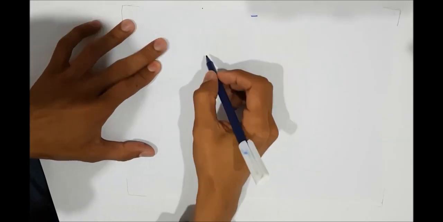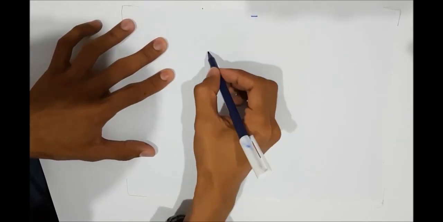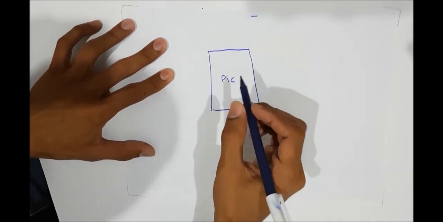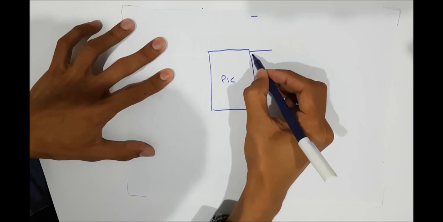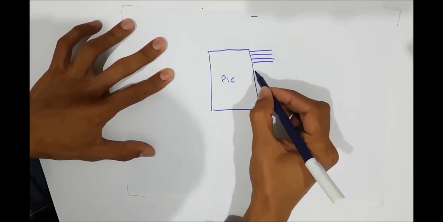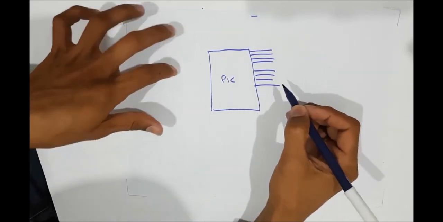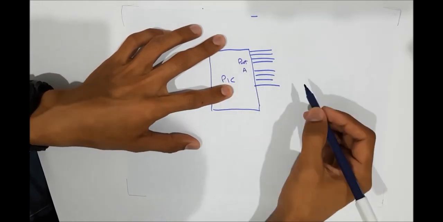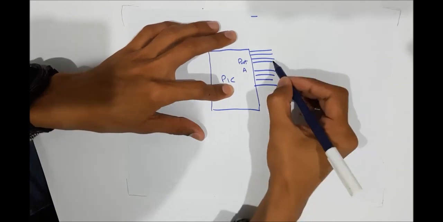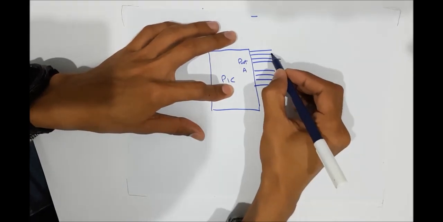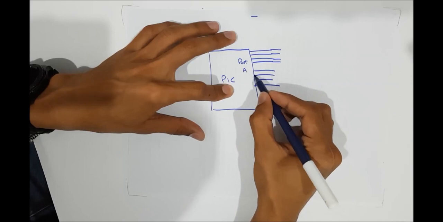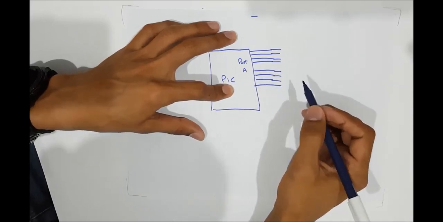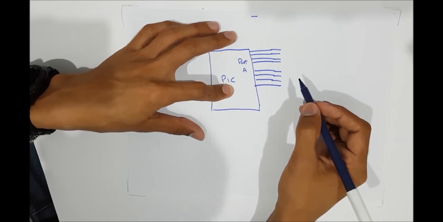Okay, so let's see, this is our PIC microcontroller. Then this is our 1, 2, 3, 4, 5, 6, 7, 8. This is our port A, 8-bit port. Here, if we use BCD numbers, they are all 4-bit numbers and they will count from 0 to 9.